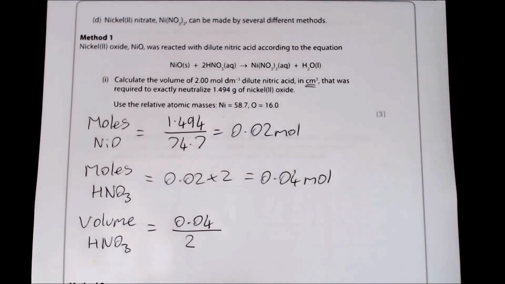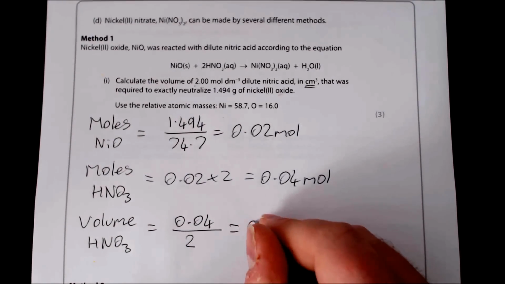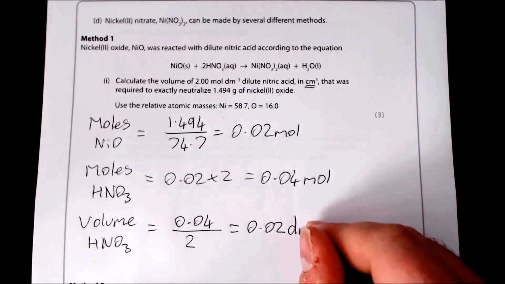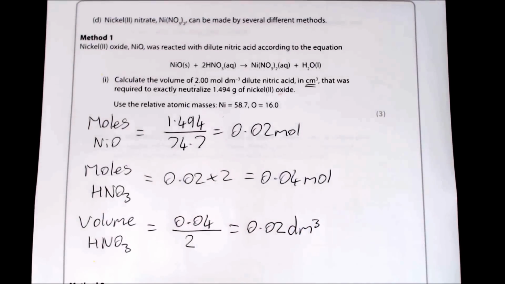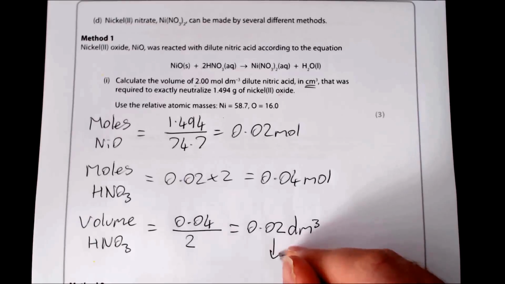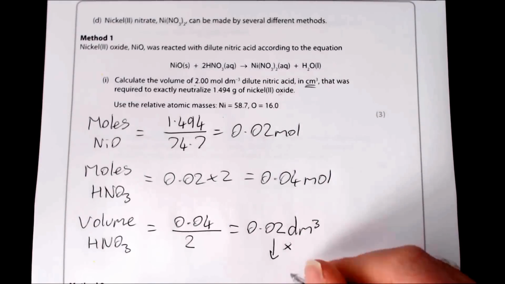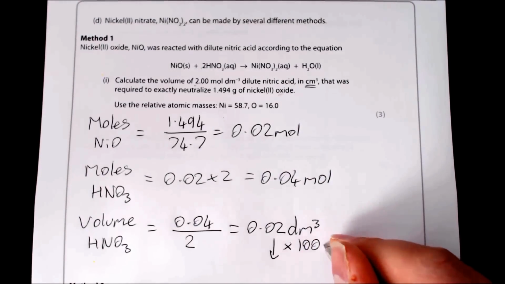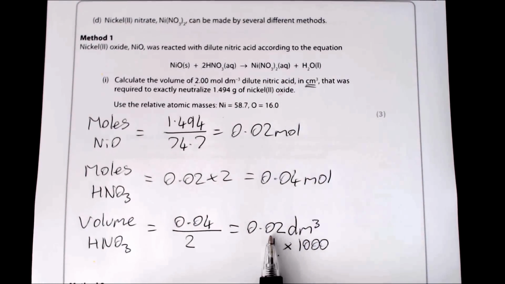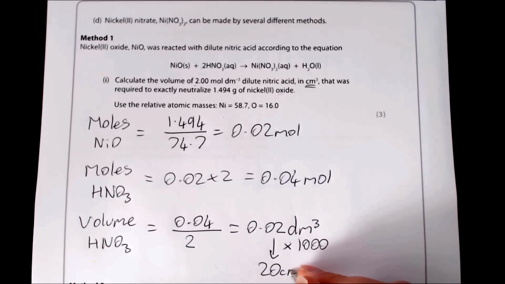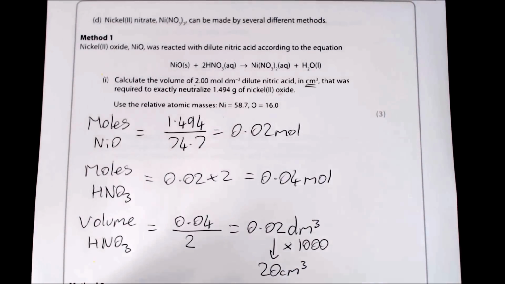So we're going to divide that by 2 first, and that's going to get us 0.02 decimeters cubed. All right, but the next thing we have to do is convert this to centimeters cubed, because it did ask for centimeters cubed. Now, I can imagine a lot of people might miss that bit out. So to convert to centimeters cubed, we just need to times this number by 1,000, and that will get us 20 centimeters cubed, and that's the volume.